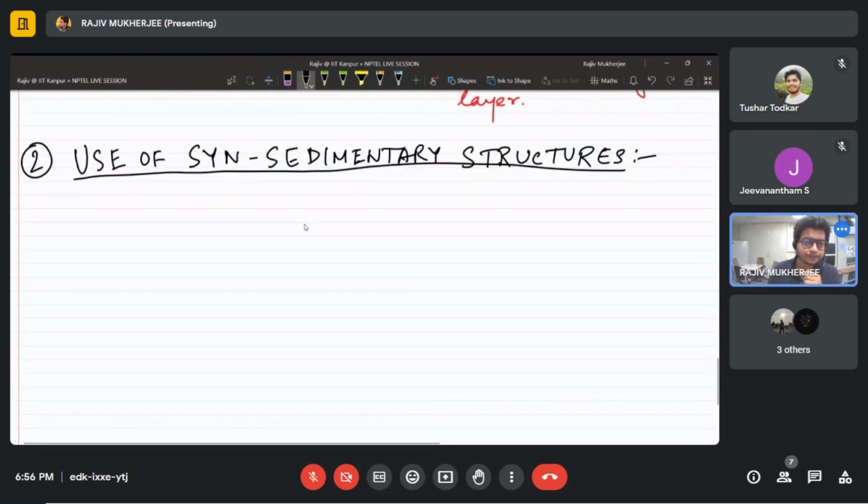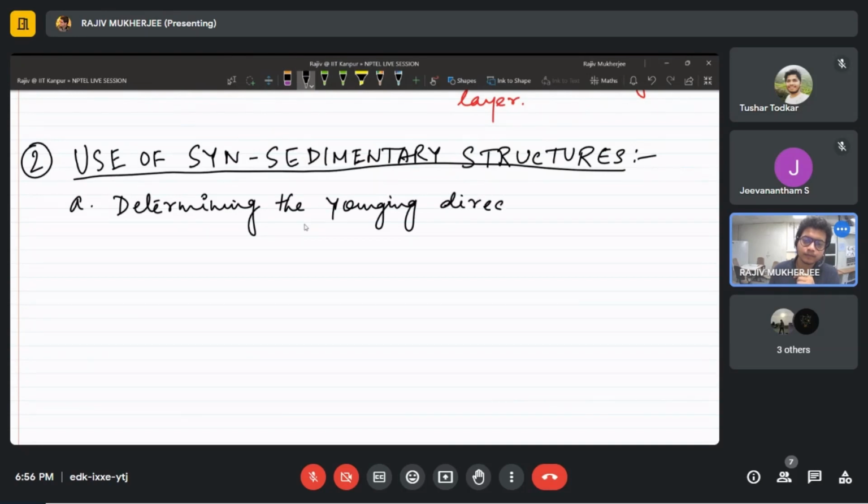First is determining the Younging direction. So how do we determine the Younging direction?